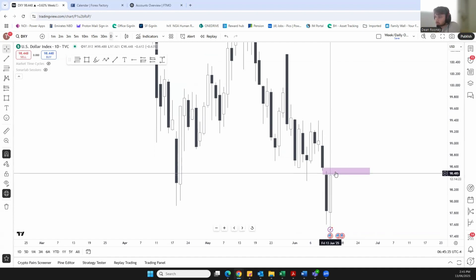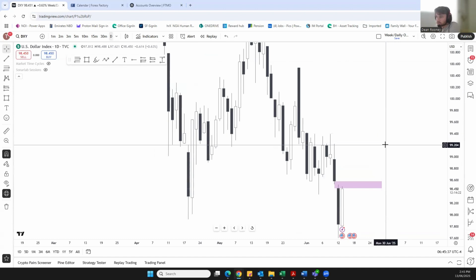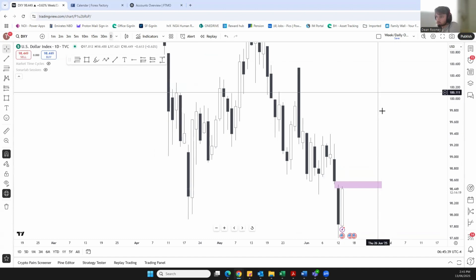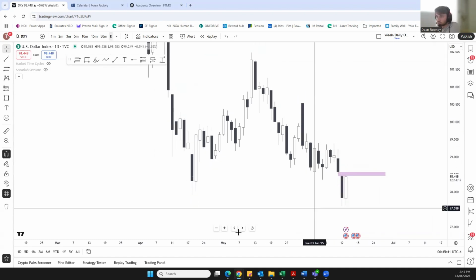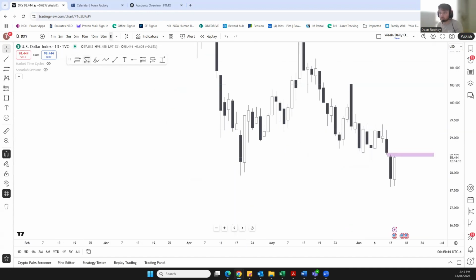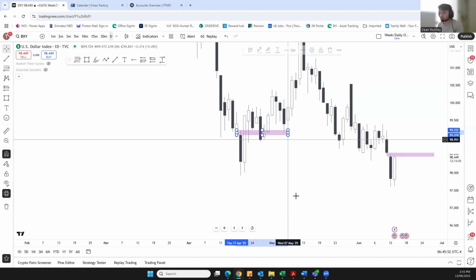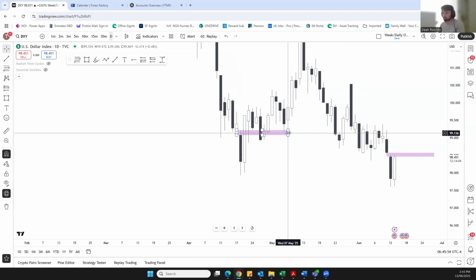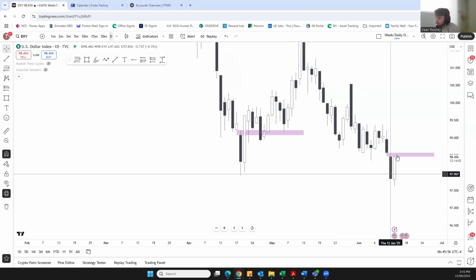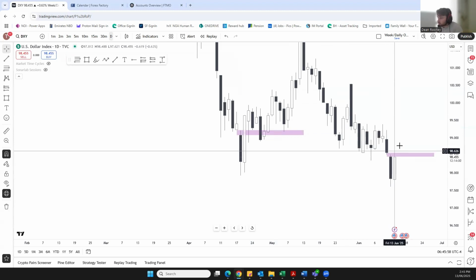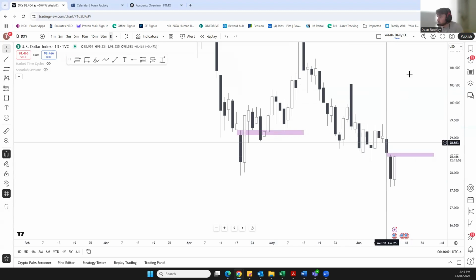Now, these are really important when it comes to price action, because what you want to see, so here was one over here, okay, and what you want to see when there's a volume imbalance is if we get above here, I would then be saying, okay, we're now bullish.